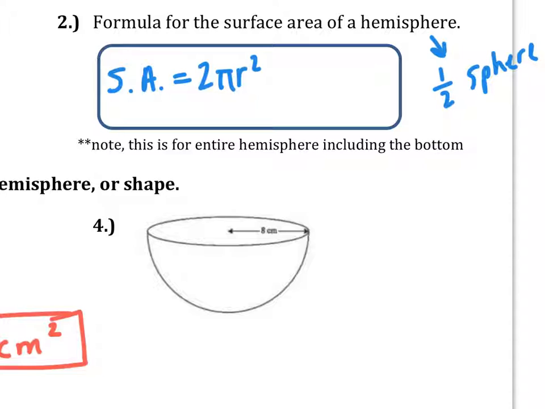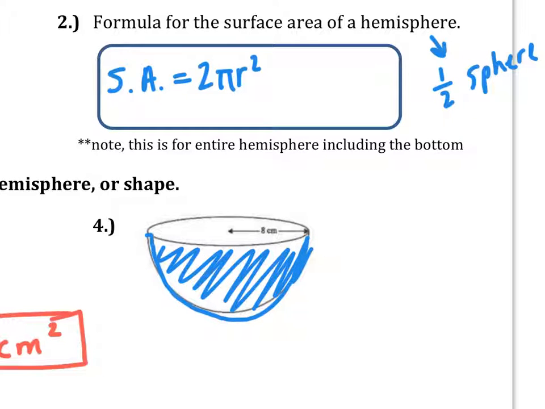But the problem with that is 2 pi r squared will give you the surface area of this much. But this top circle would not be open necessarily then. So if it's closed and we need to figure out what the area of that top circle is, we need to add one more pi r squared to this formula.